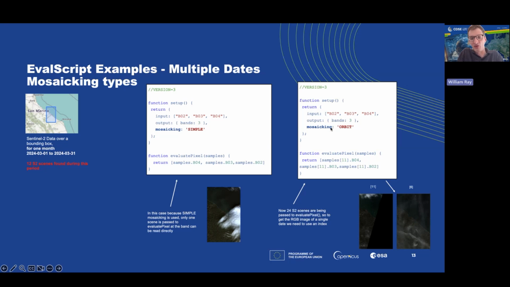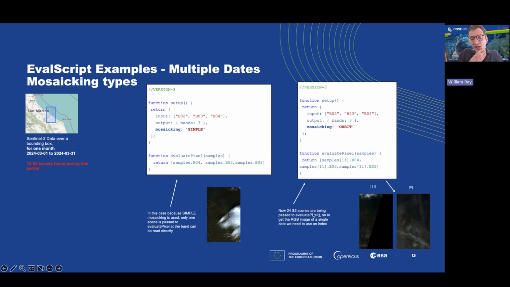However, if we change this to mosaicing orbit, as we remember, this returns one scene per day, which means we're going to get 12 Sentinel-2 scenes returned using the evaluatePixel function.